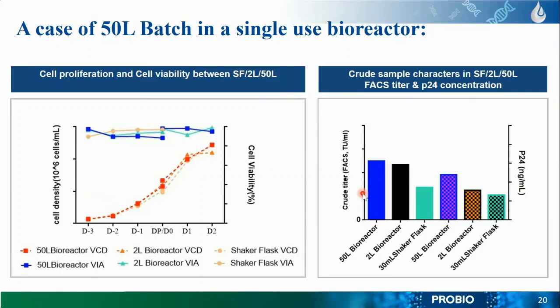I would like to brag about our 50 liters, actually. The data says it all, and we have achieved good results and are proud to share it with everyone. We have actually successfully reached a higher crude titer in most of our batches.